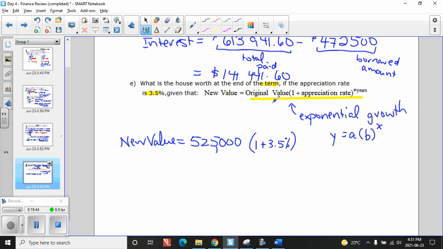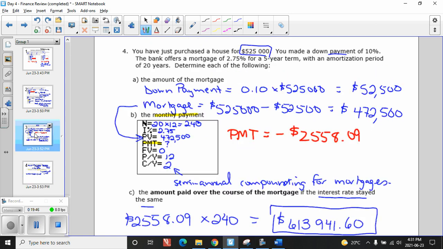So at the end of the term, I need to look back and figure out what that term was. And it's not the full length of the mortgage, that's the amortization period. The term is how long you've made your deal with the bank for, so only 5 years. And then at the end of 5 years, you might go to the bank and say, my house is worth this much now, I want to remortgage, or make changes then. So we're looking at 5 years for the term.